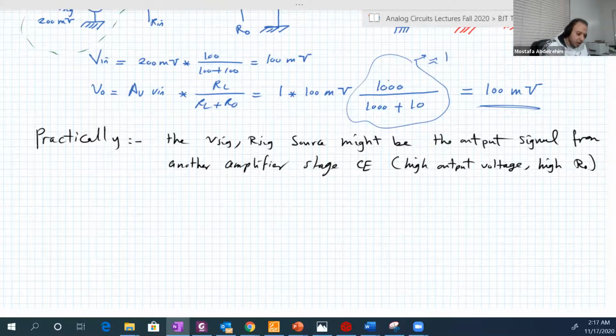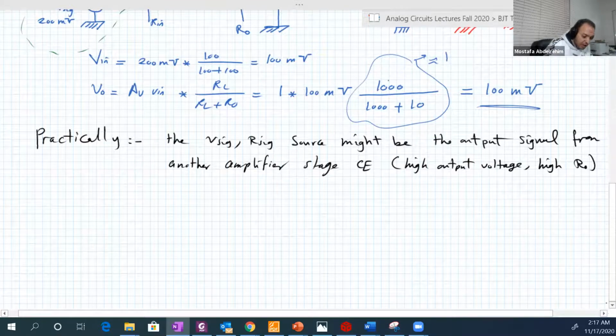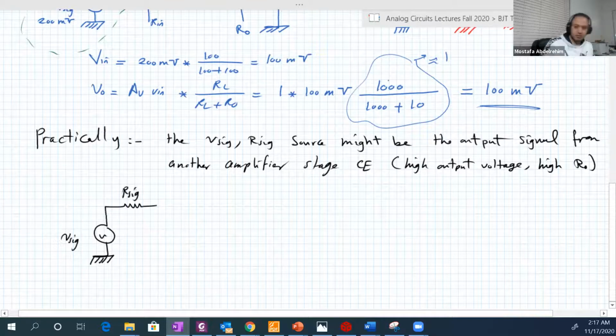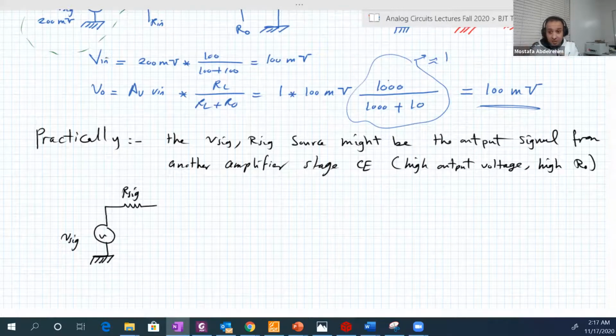So if we draw that, if you have a signal like this, for example your mic, the mic takes your voice and amplifies it. So the mic can be imagined as a source, V signal, with internal resistance R signal.